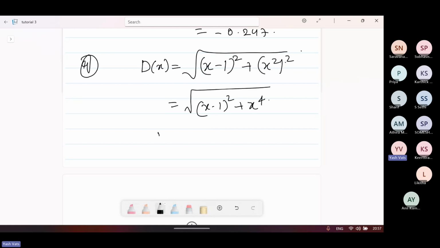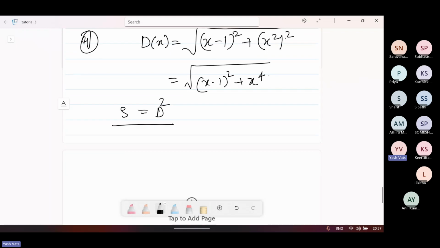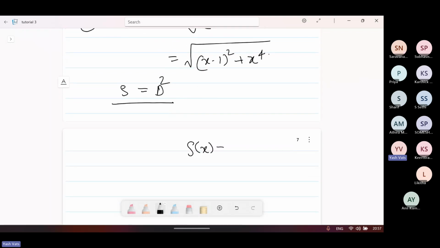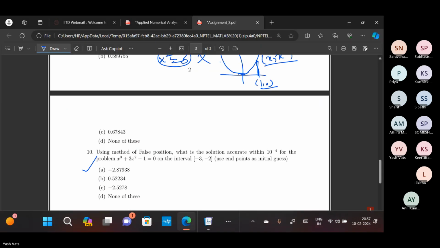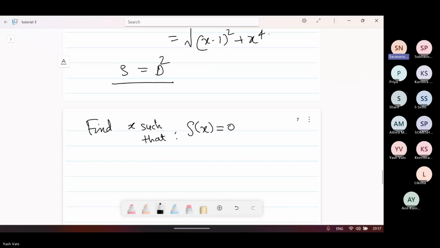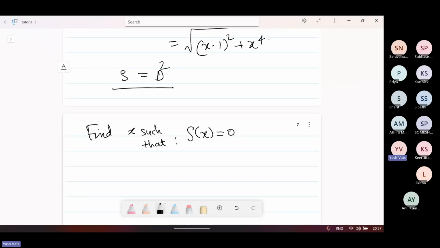And you just try to take d square and use this to find the function, find x such that f(x) is equal to 0. Is it right? Can you do that?